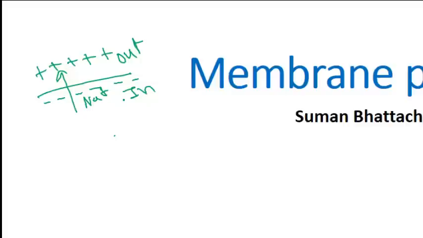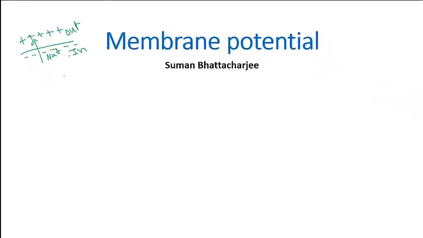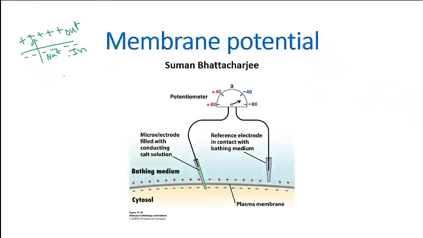The electric potential is called the membrane potential, which is formed due to the distribution of those ions, which is the result of the net movement based on the gradient of the ions across the membrane. For example, normally if you look at these nerve cells, you'll find that there is a slightly positive charge outside the membrane and a slightly negative charge inside the membrane towards the cytosol.